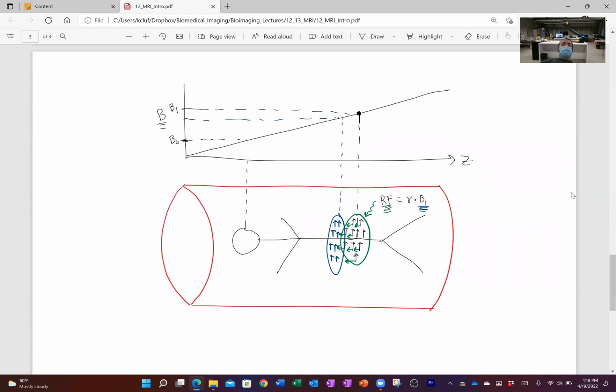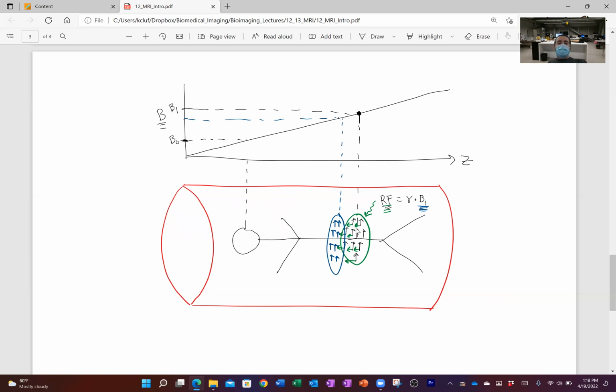Okay. So this is also how slice selection is determined. Okay. So if you have an MRI imaging system, which has a tube that you can put a patient inside, okay?